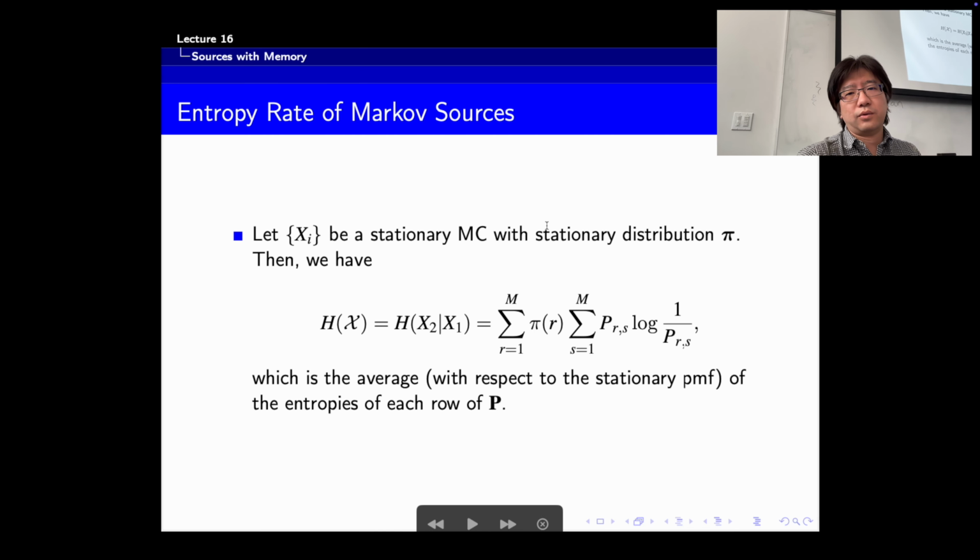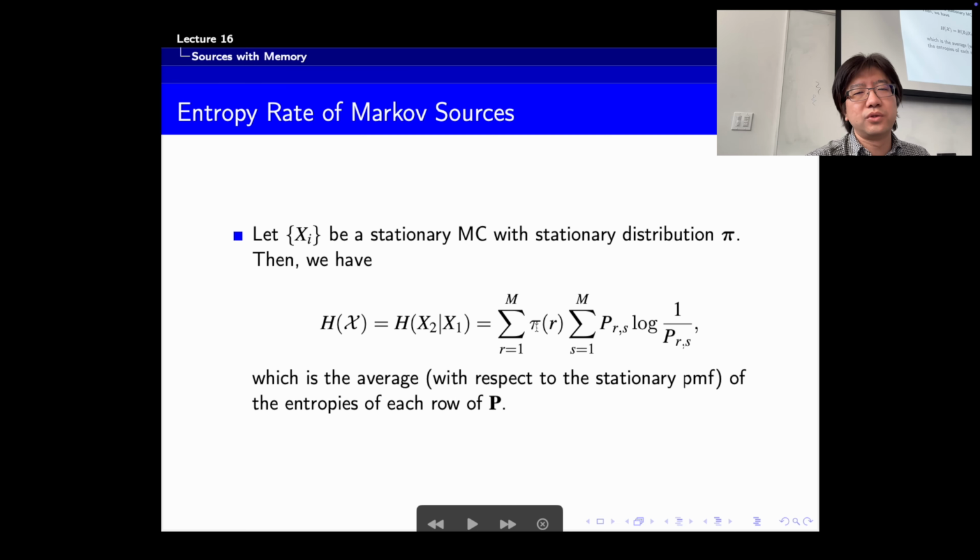So if the Markov chain starts from the stationary distribution pi, then it is a stationary Markov chain. And then we can use this formula to compute the entropy rate, which is the conditional entropy of x2 given x1. Because it's stationary, it doesn't matter which time step, and we can just expand it.